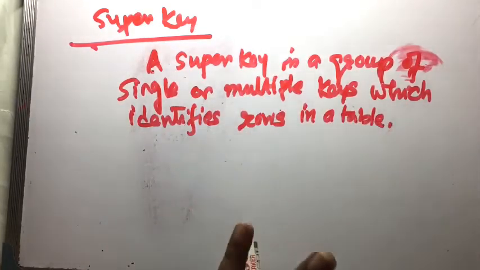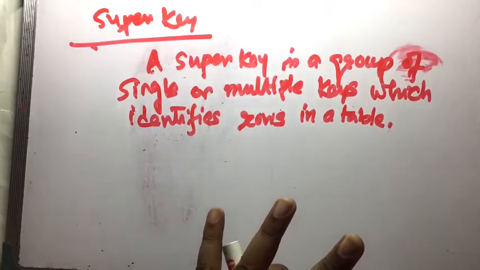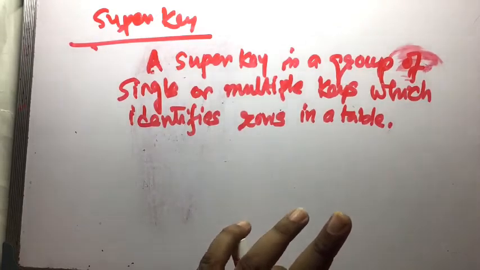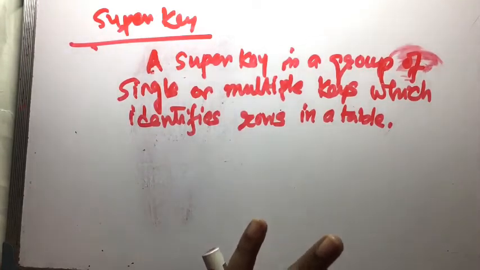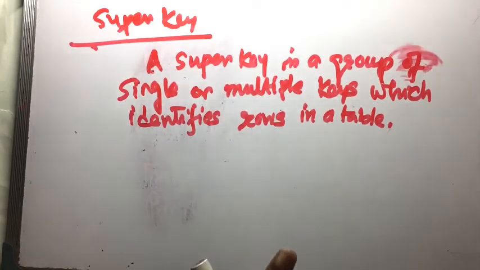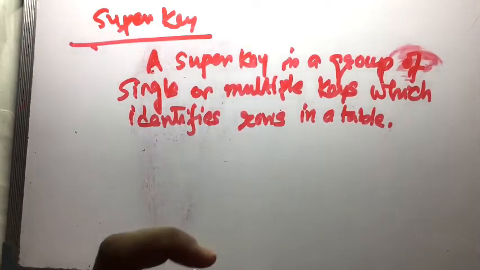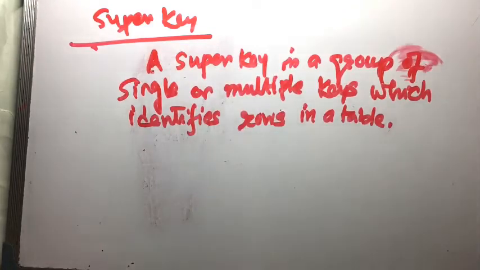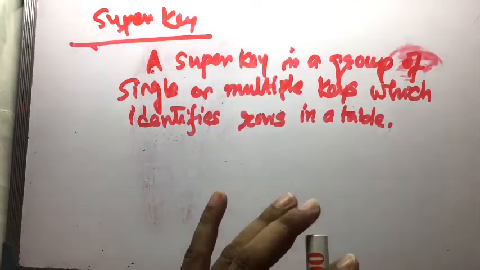So it can be a single attribute or multiple attributes which uniquely identify a row in a table.